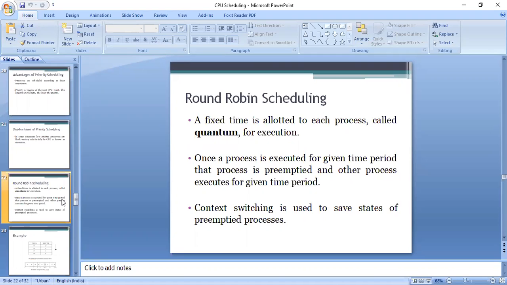So in this we work with the preemptive concept. So how does this preemption work?